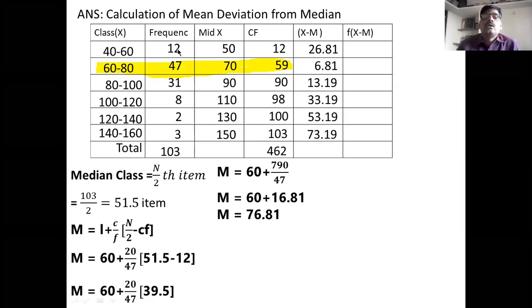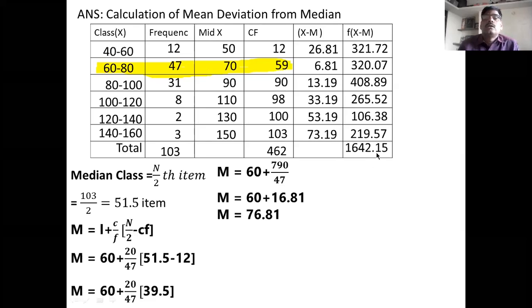Multiply these two. 12 into 26.81, 47 into 6.81, 31 into 13.19, 8 into 33.19, 2 into 53.19, 3 into 73.19. These are the values. Take the total.